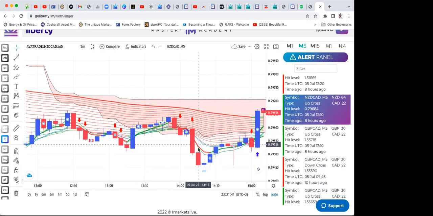This is how many minutes now? 10 minutes. You would have still cleared. In fact, beautiful clear. Another candle opened, and it was a blue candle. It opened here at 4:61 and closed here.